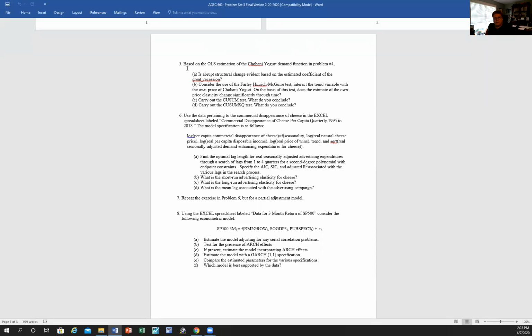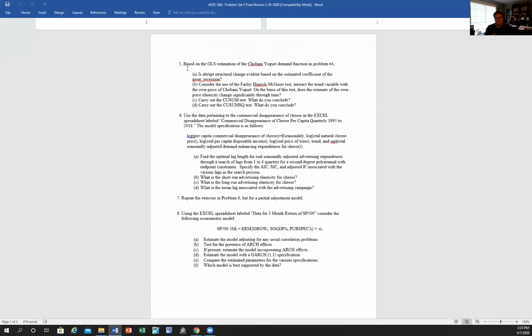Now, in considering the Farley, Hinich, and McGuire test, most people did this correctly. We already had a trend variable in the Shabani equation. All I really wanted you to do is to throw in an interaction term with the trend variable and the own price of Shabani, and then to determine whether or not that coefficient was statistically different from 0.